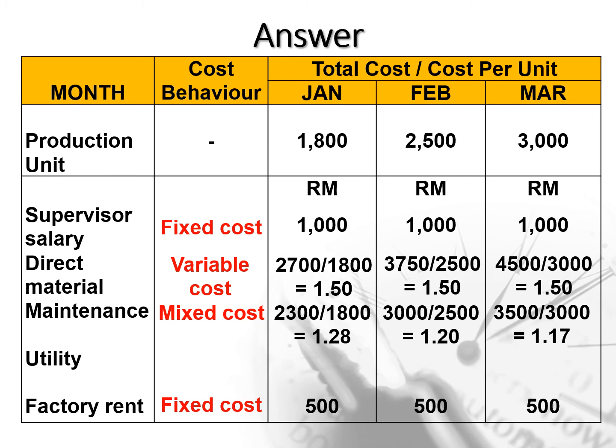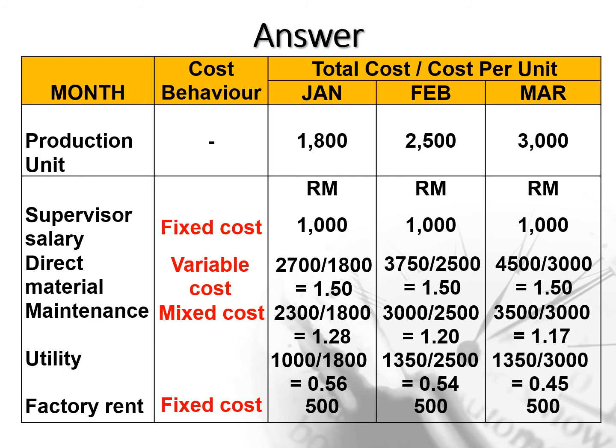Now we look at utility. In January, RM1,000 divided by 1,800 equals 56 cents. In February, RM1,350 divided by 2,500 units equals 54 cents.